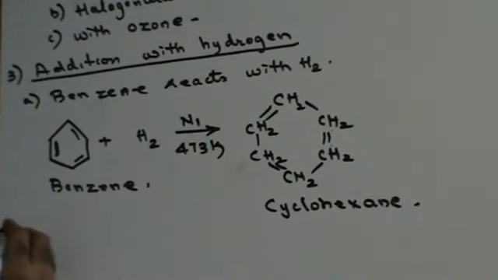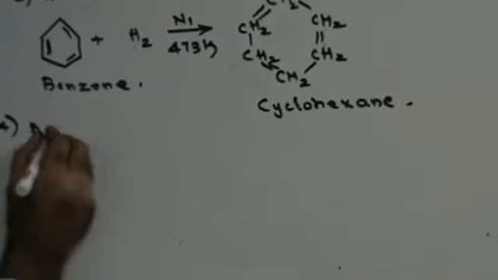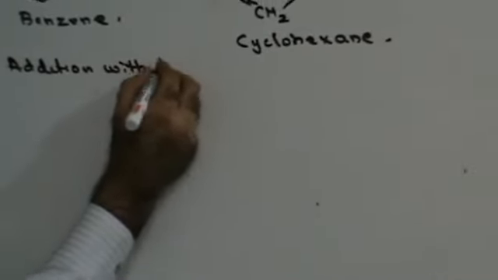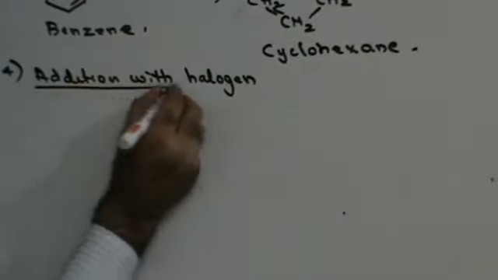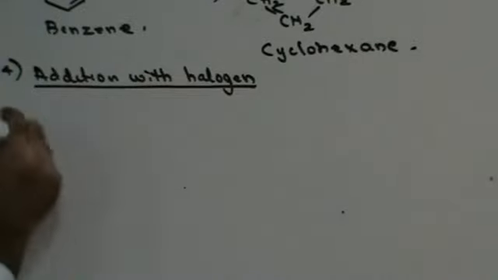Next, let's see addition with halogen. What happens when benzene reacts with chlorine gas?